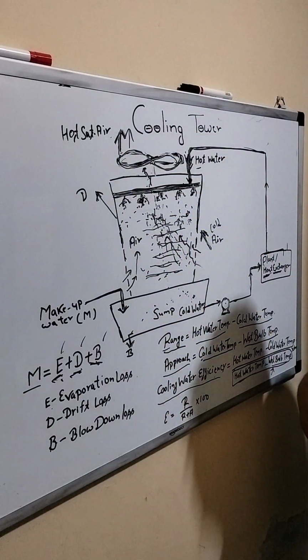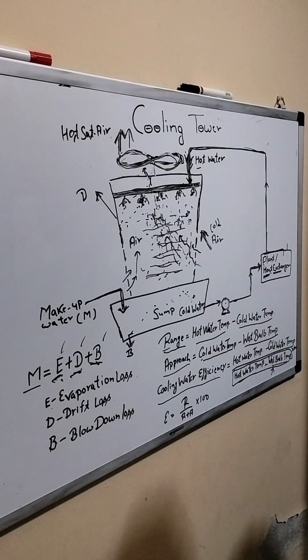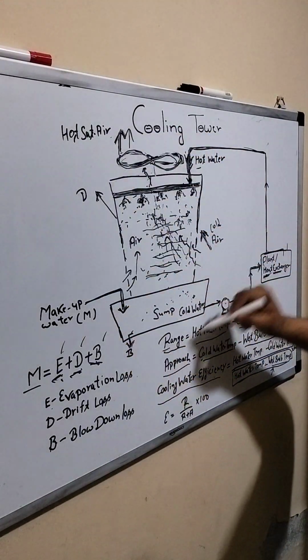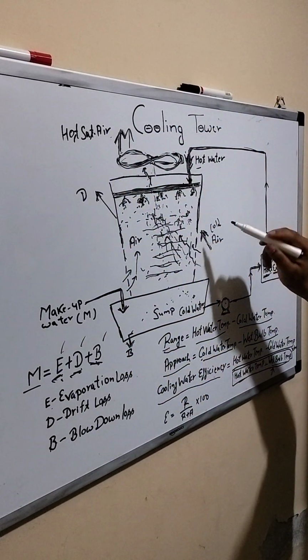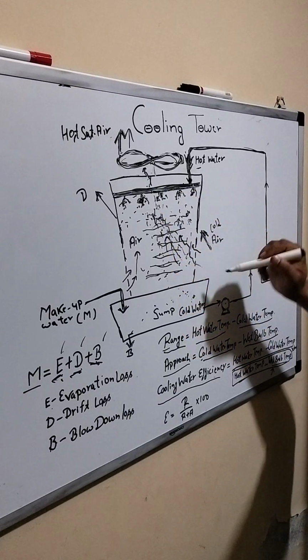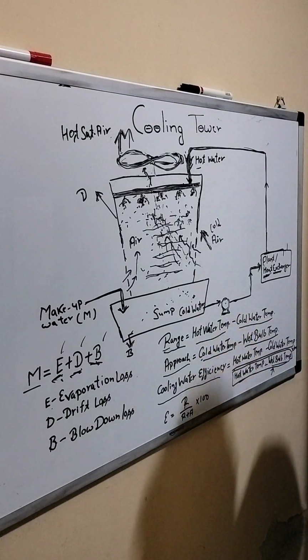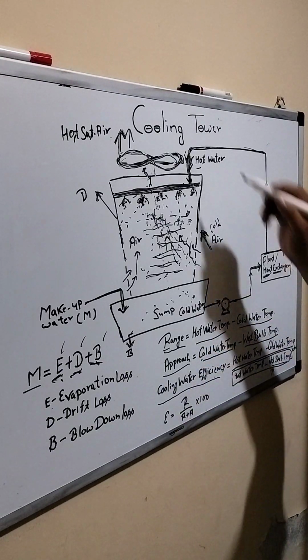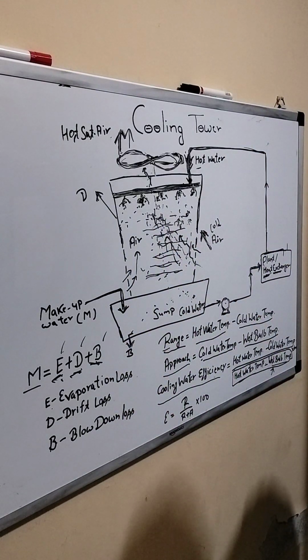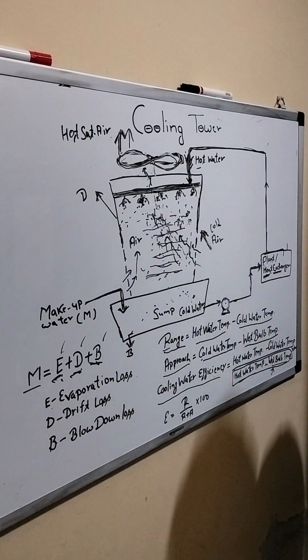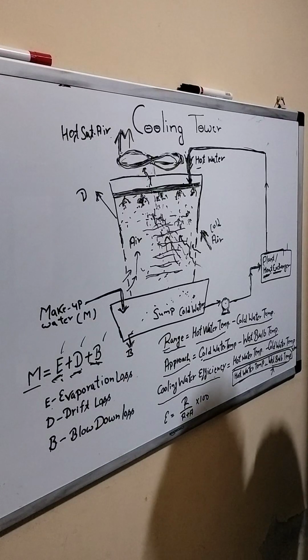So basically, in other terms, you can say a cooling tower is also a heat exchanger in which water and air are in direct contact. You can say it like this also. When this process occurs, some losses will also occur. What are the losses?